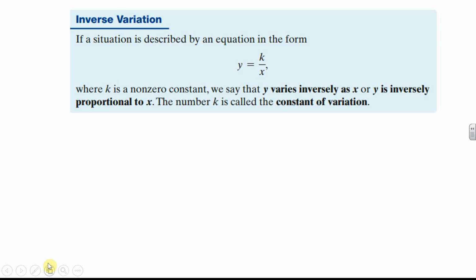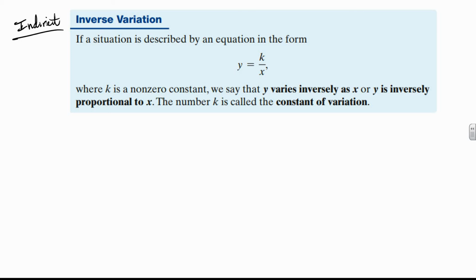Here, I basically just classify 3 things: direct variation, indirect variation, and joint variation. The one with the power was just something for free. So here is the indirect or the inverse variation. The indirect goes with the opposite from that very first one that was called direct variation.